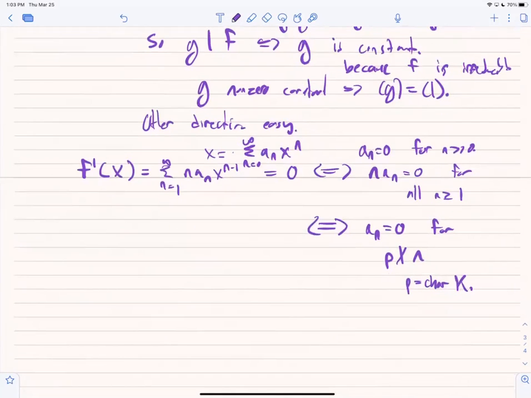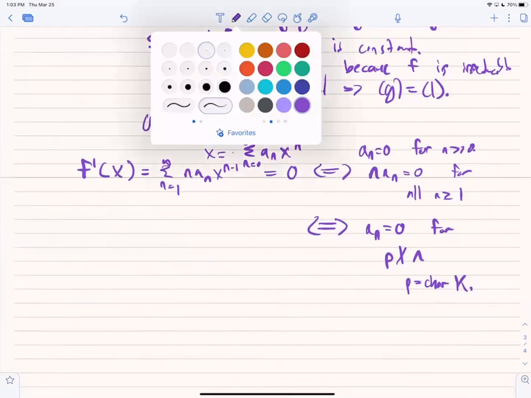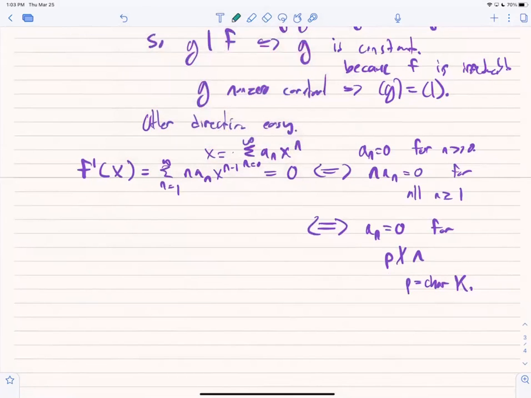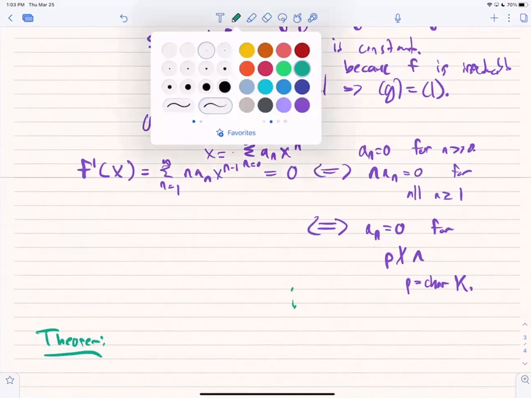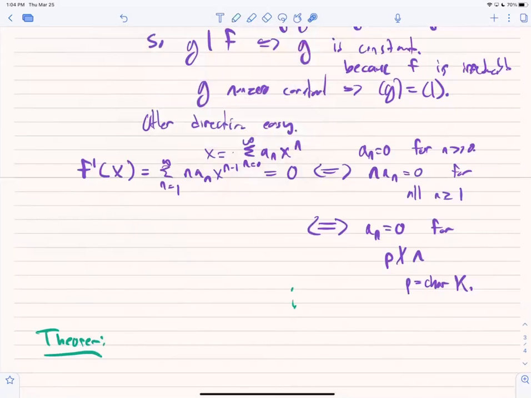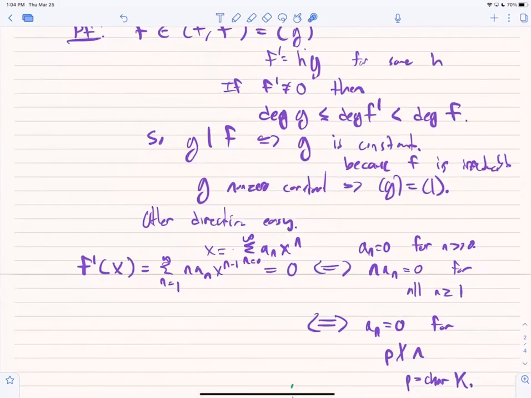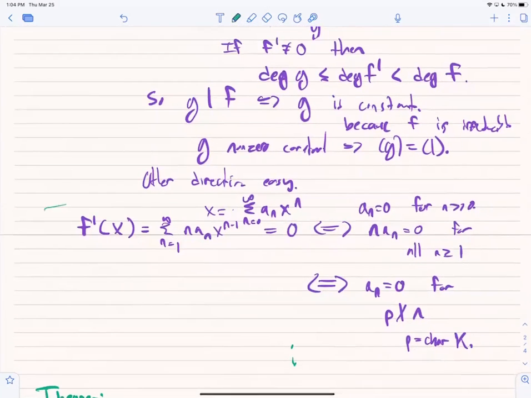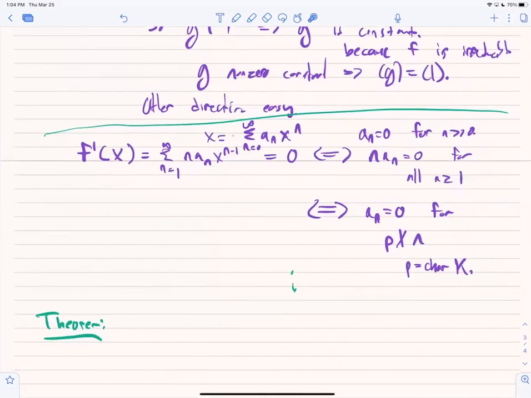Okay, so what does that mean? We've established the following theorem. If you think about what this means, if you have an irreducible polynomial that's inseparable, then the only powers of x that appear are powers of the characteristic.